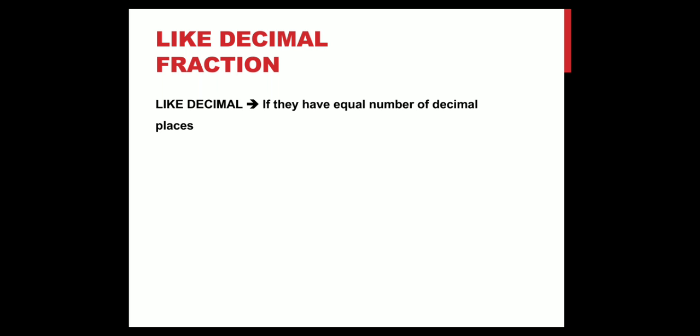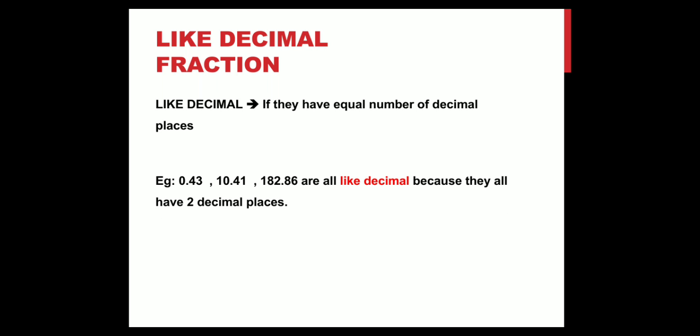Let me explain with an example. If you see here 0.43 or 10.41 or 182.86, in all these numbers, after the decimal point, how many decimal places are there? Can you guess? Yes, there are 2 decimal places, right? In 0.43, after the decimal point I have 2 numbers.